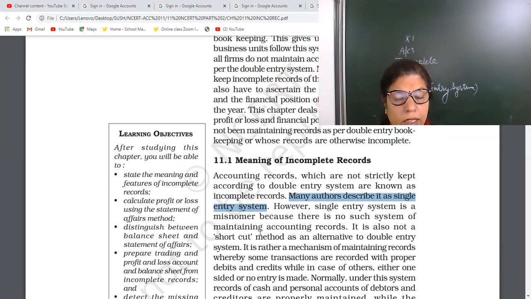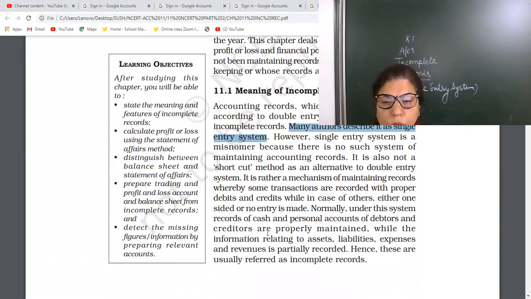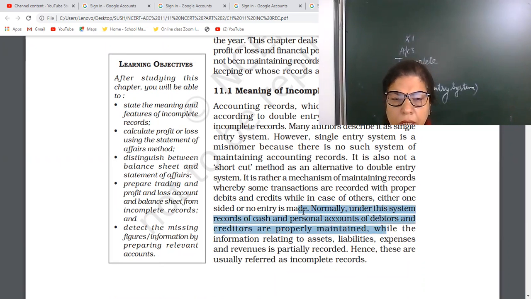Single entry system means the system which is known as incomplete records. It is not a shortcut method as an alternative to double entry system, but it is a mechanism of maintaining records by the businessman where they keep only related information of cash, generally on cash, personal accounts of debtors and creditors are properly maintained. Okay, note down please.